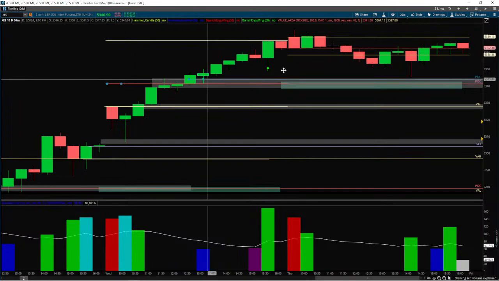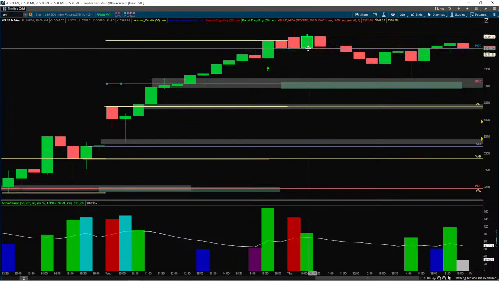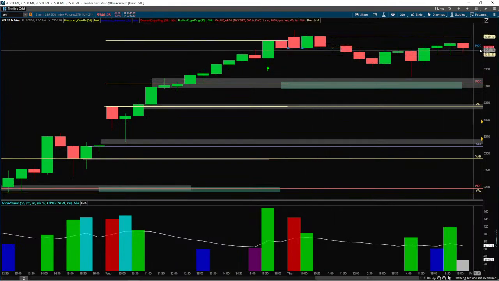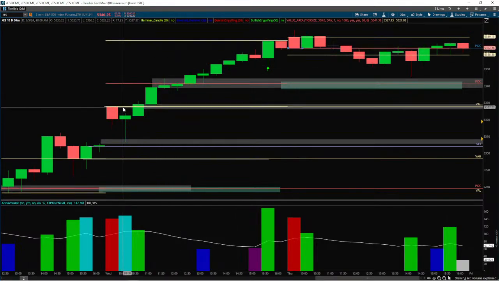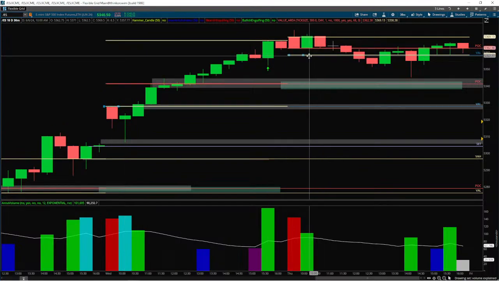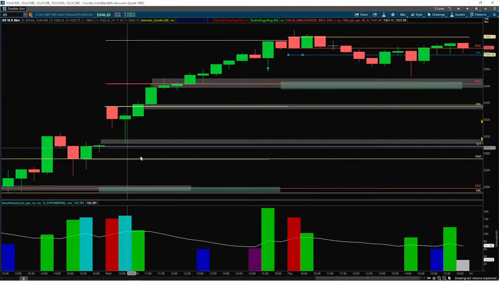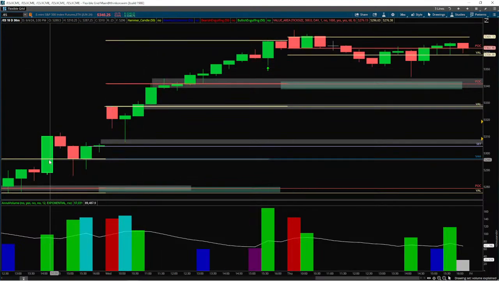Yesterday I stated that I was looking for shorts because of how price was reacting up here during the pre-market, and we did get a bit of a sell-off yesterday, and then today during non-farm payroll we got a major sell-off. So that is interesting.